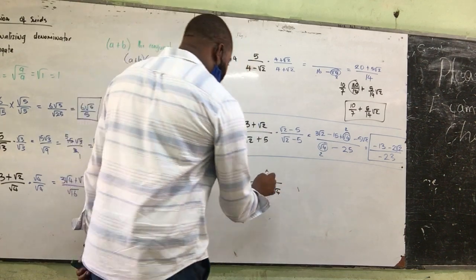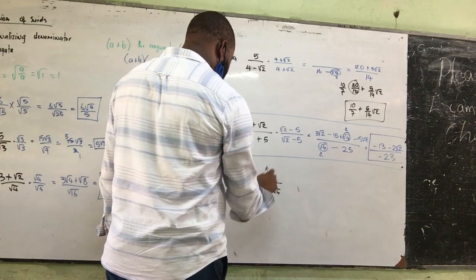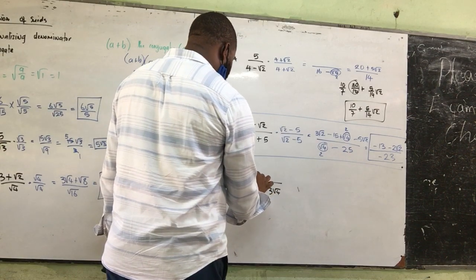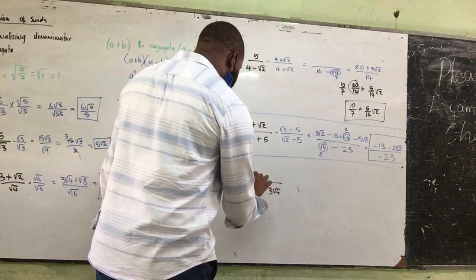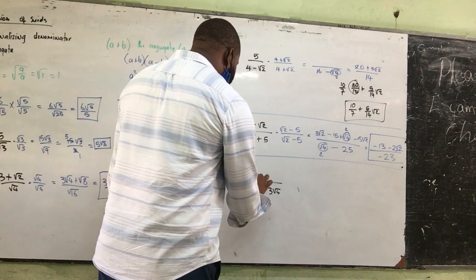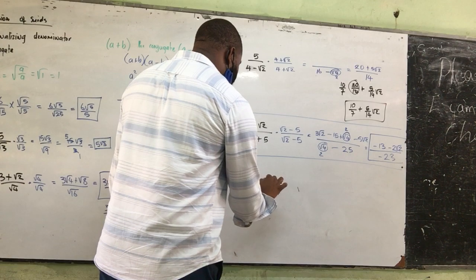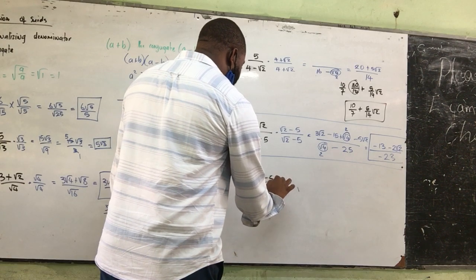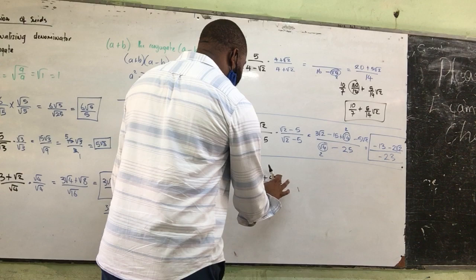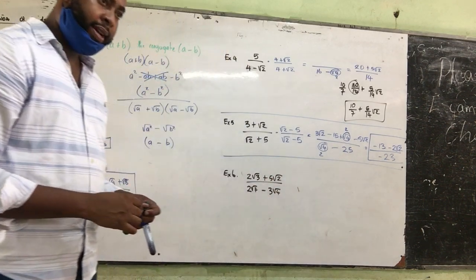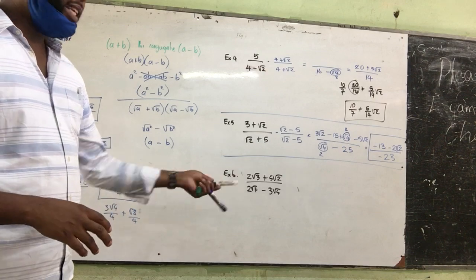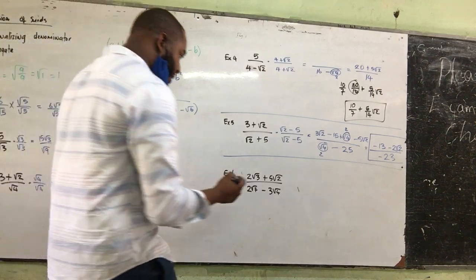Okay? And on top, I can put just something out there too. I'm going to make this as tricky as possible. I'm going to use different surds. So I'm going to have 2 root 3 up top here plus 5 root 2. Alright?